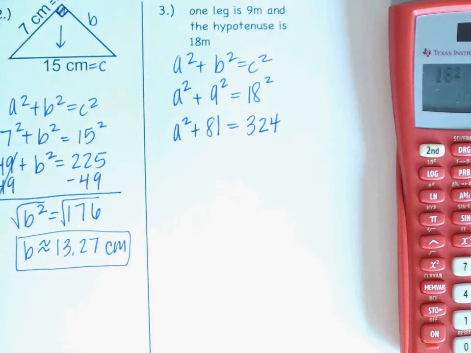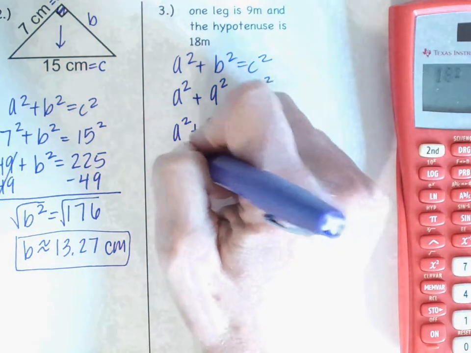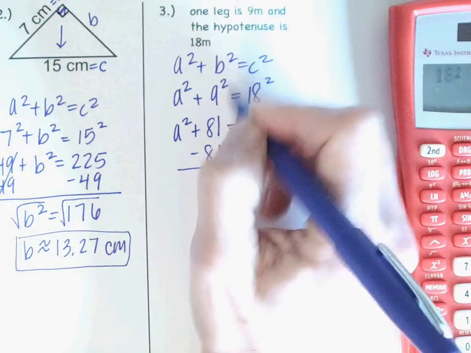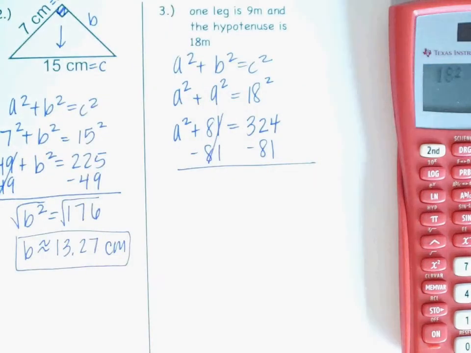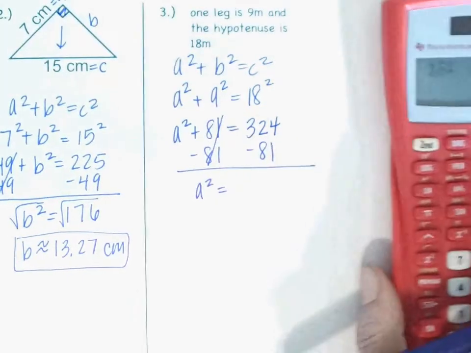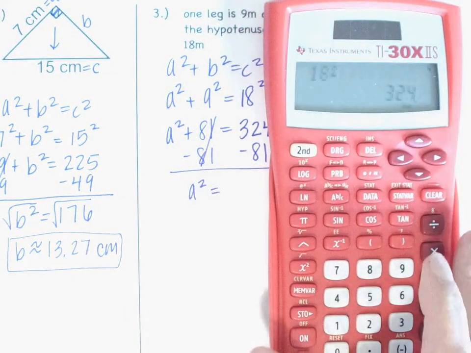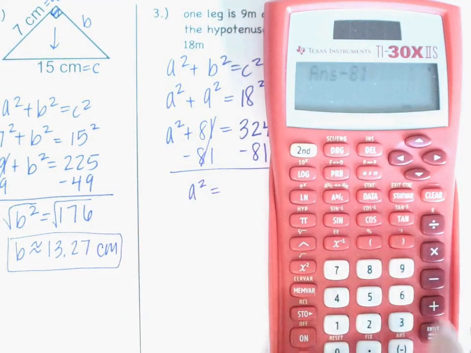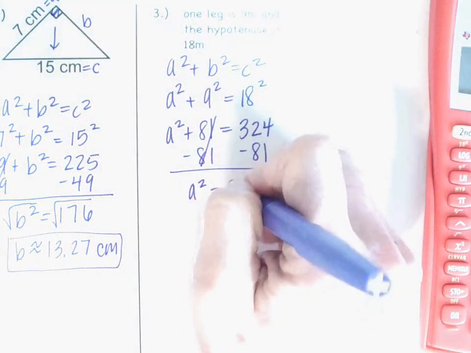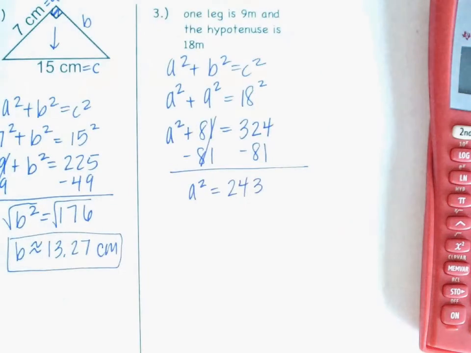To keep getting a by itself, if I have a plus 81, the inverse of that is to do a minus 81, so we'll subtract 81 from both sides. So the 81 does subtract out. I get a squared by itself. And then 324 minus 81 is 243. So I'm going to write that down. Now we are at the last step. Last step to solve for a.